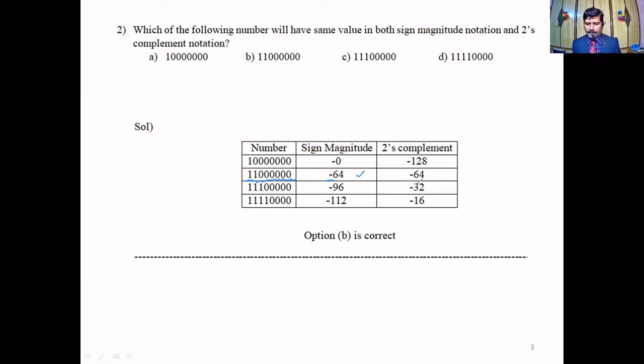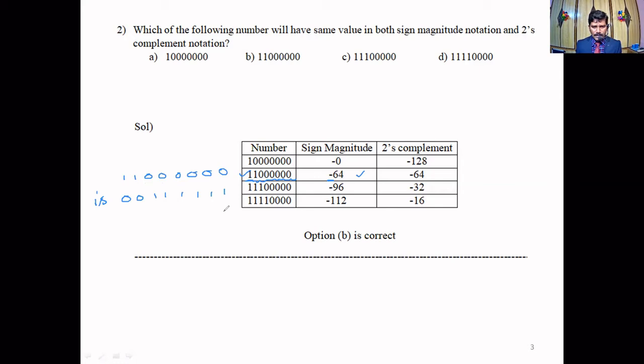Now assume that it is a 2's complement form, and find the decimal equivalent. Take this value, 1 1 0 0 0 0 0 0, and convert back into decimal. What is the value of 1's complement? 0 0 1 1 1 1 1 1.